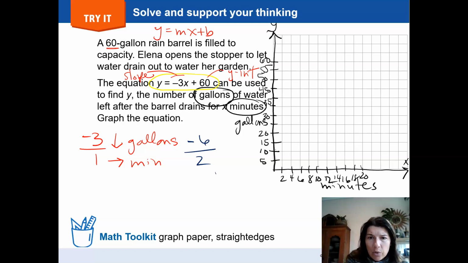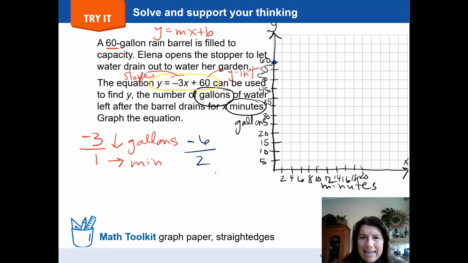So from this coordinate pair that we've just done, why is that coordinate pair not staying there? Come on, coordinate pair. Trying to get that y-intercept to stay. There it is. Okay, so for every 2 minutes, our height is going to go down 6. So I'm going to go down 6 and over 2. All right.